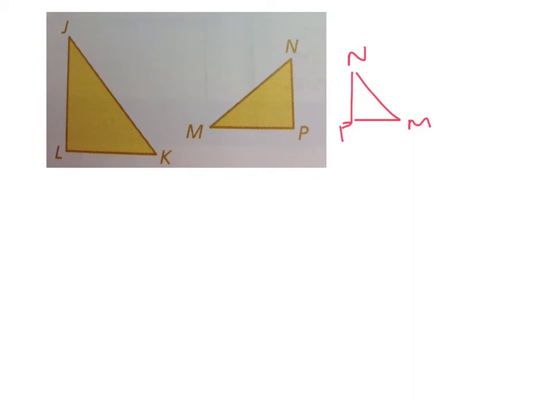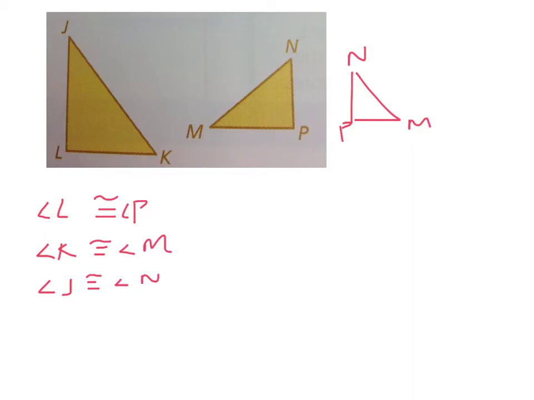So let's look here. We know that angle L is congruent to angle P, and angle K is congruent to angle M, and angle J is congruent to angle N. We can also look at the sides.